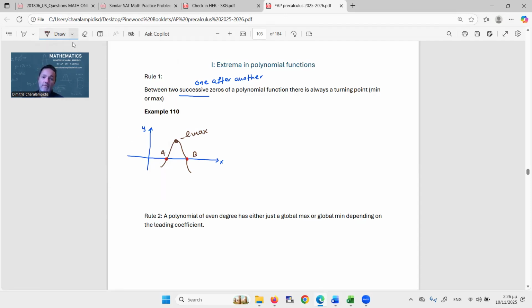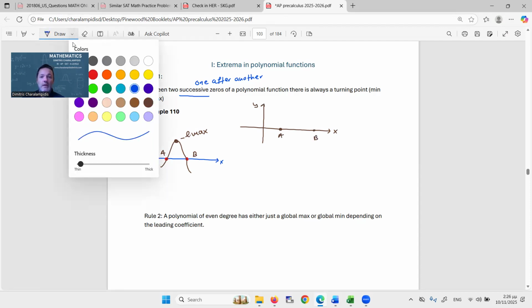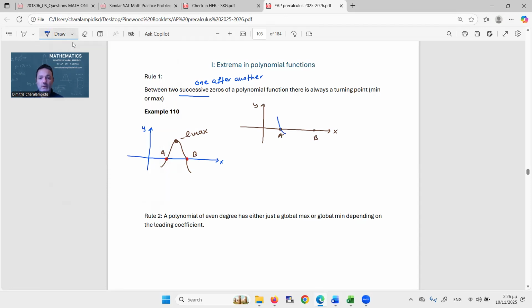Similarly, if my graph in another xy plane passes through points A and B, it could have been like this. And this is the local min.